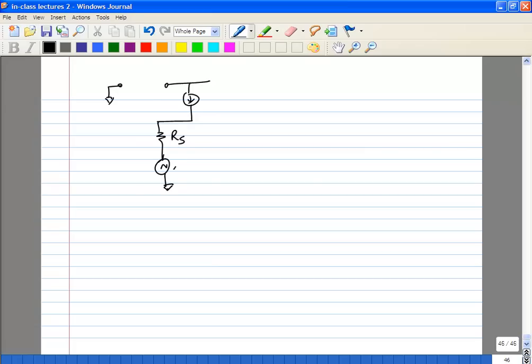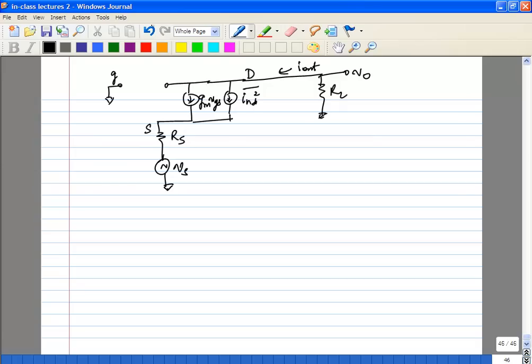So we'll just draw the equivalent circuit of the common gate. We'll look at I_n,out squared, and this is the drain noise.